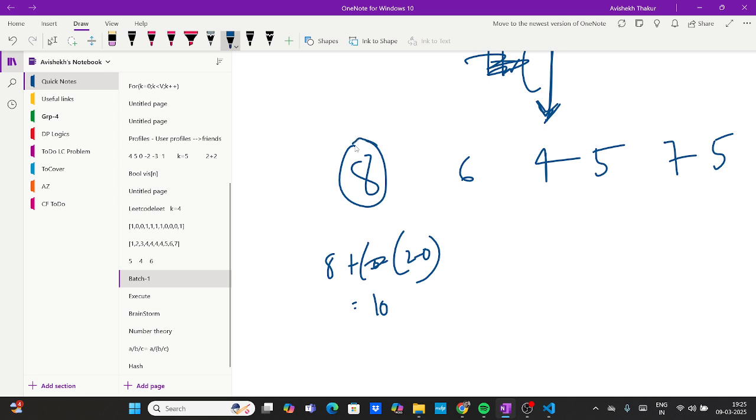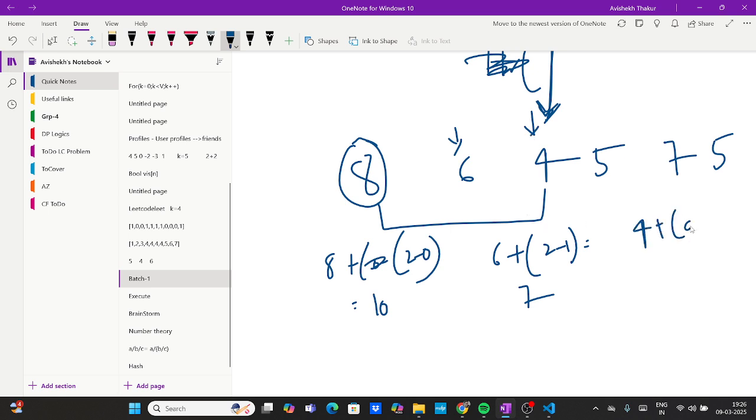The difference between them. If I bring it from here, what's the cost? 6 plus 2 minus 1. If I bring it from here itself, it is nothing but 4 plus 0, 4.